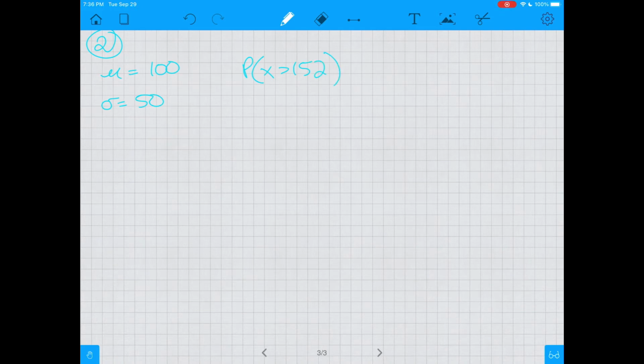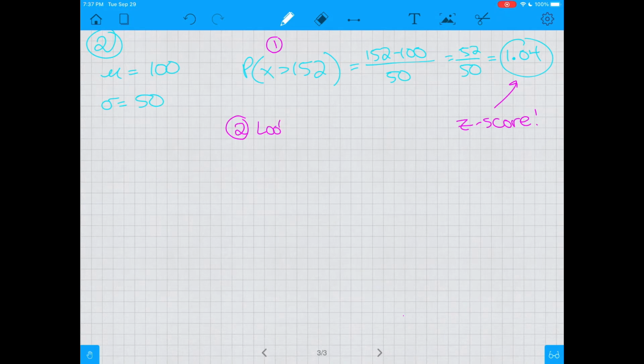So again, I compute my z-score, 152 minus 100 over 50, which is 52 over 50, which I believe, if I do my math right, is 1.04. 26 over 25, sounds about right. Now, the difference here, I still know this is my z-score. The problem is, though, remember the table, for my step 1 of computing my z-score, my step 2, though, of looking at the table.